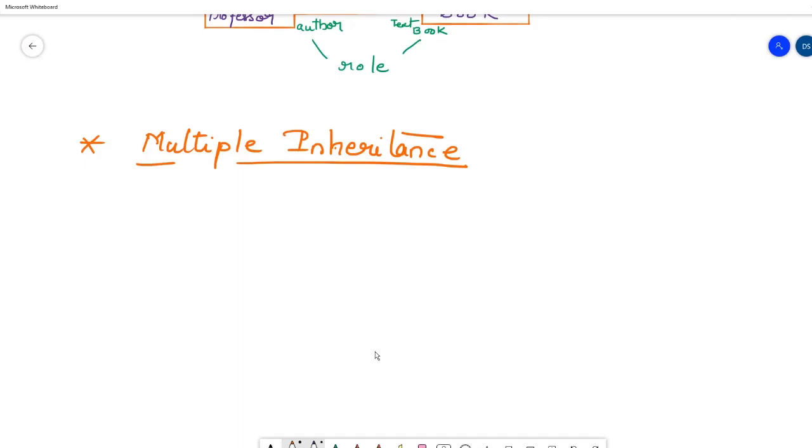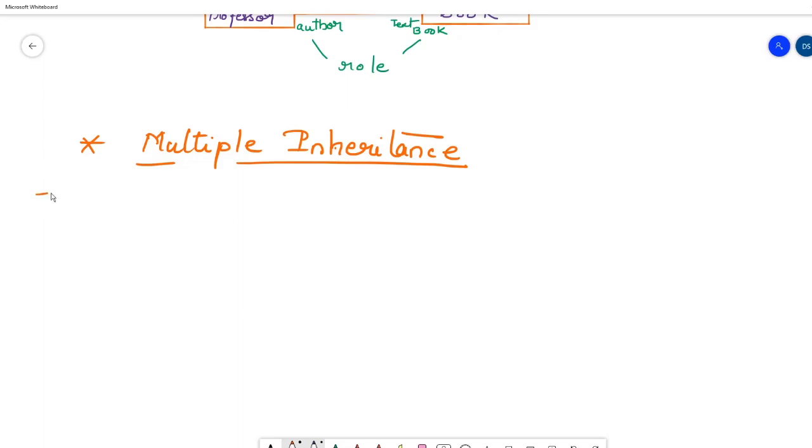As I said in the starting, we have two types of classes in multiple inheritance: disjoint classes and overlapping classes. So what are these and how are they related to multiple inheritance? Let's see that.